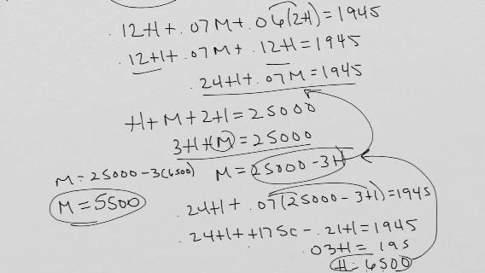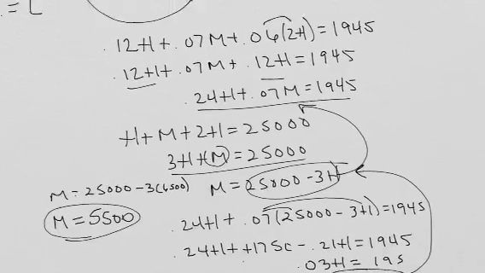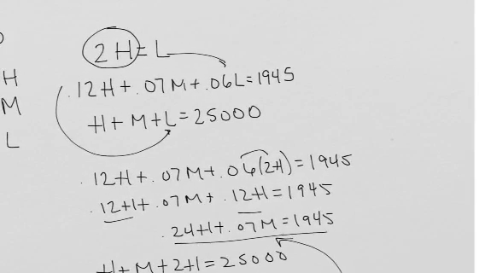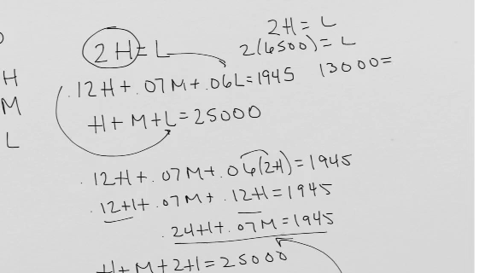Okay, so if I know H, I know M. I need to come back up here and figure out L. So 2H equals L, and as we said below, H is 6,500. So 2 times 6,500 is $13,000 in our lower account.